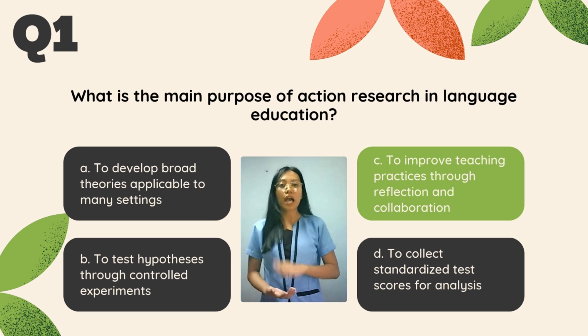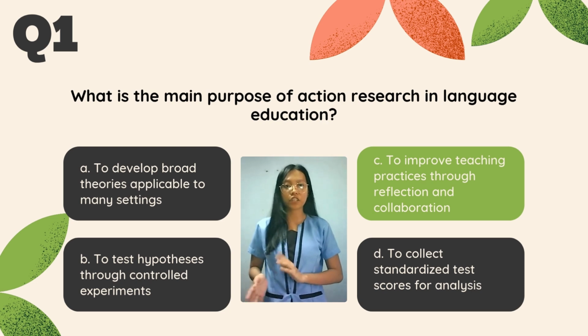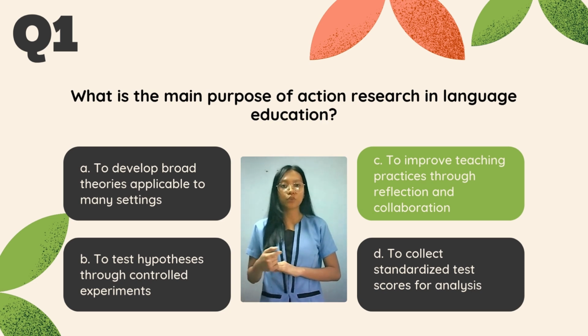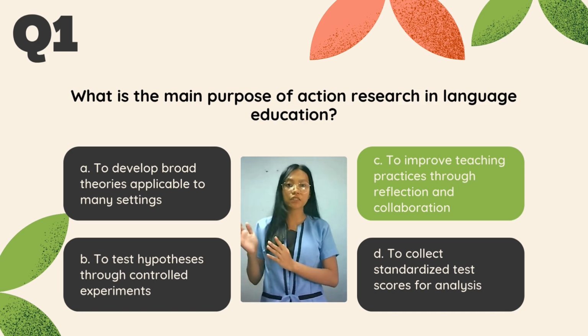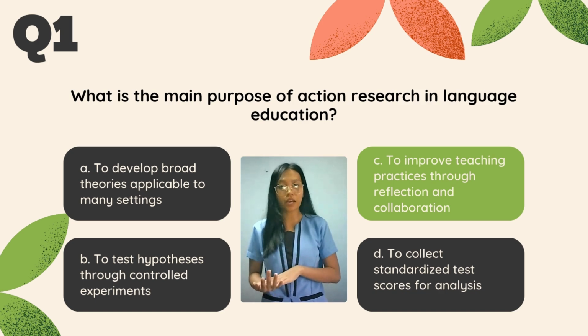As we all know, action research is primarily centered on intervention, which aims to enhance teaching and learning. So the goal is to make meaningful changes through real-world classroom experiences and, of course, problems. Letter A is wrong because action research is context-specific, meaning it is more practical.